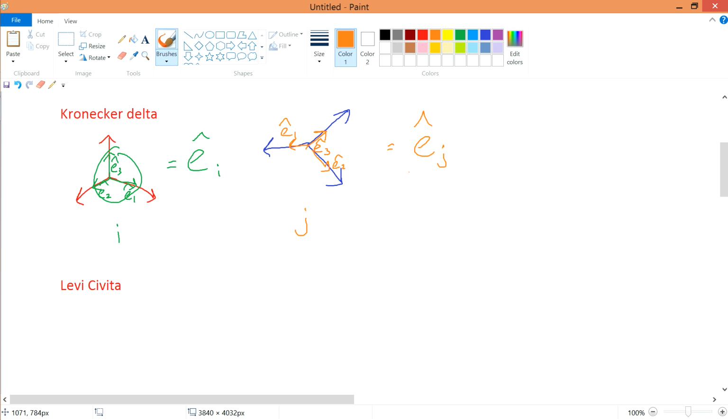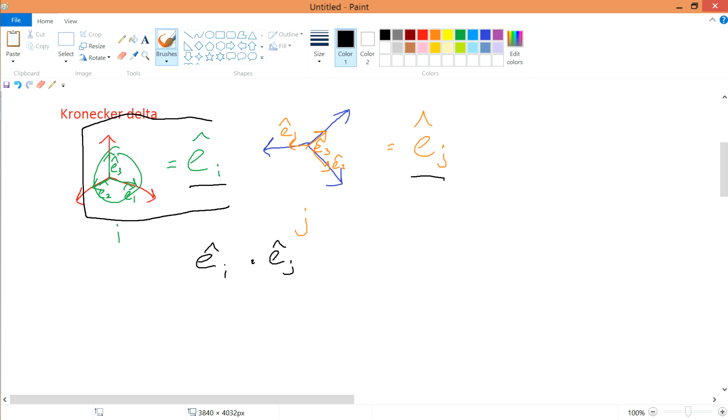Now comes the very important understanding. I'll not go into the derivation, just the understanding: if E_i hat is dotted with E_j hat, this means that this set of basis vectors, when dotted with this set of basis vectors, gives you the Kronecker delta function, delta ij.